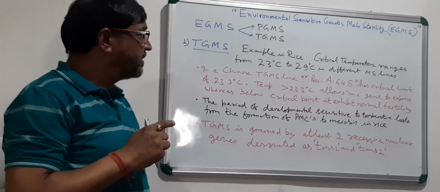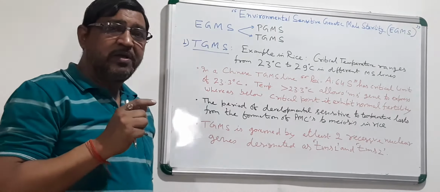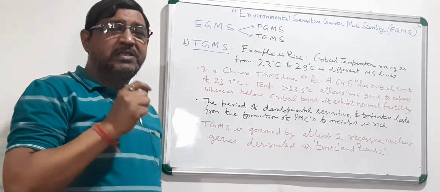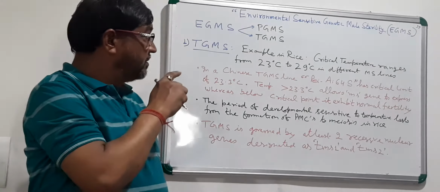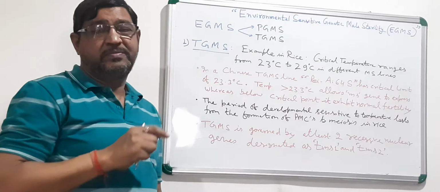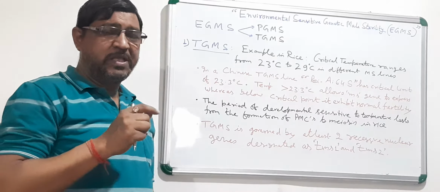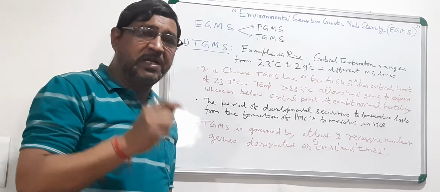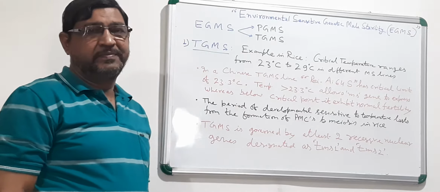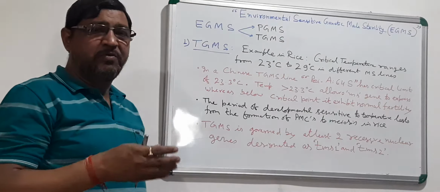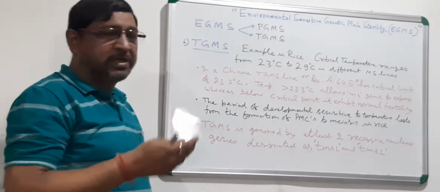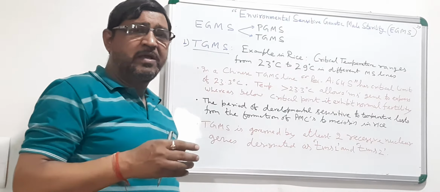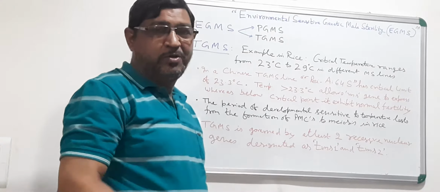The next one, TGMS: when the male sterile gene is influenced by the temperature, then it is said to be thermosensitive genetic male sterility. Now we will be discussing one by one both the types, how it is behaving, how it can be utilized for your breeding program.